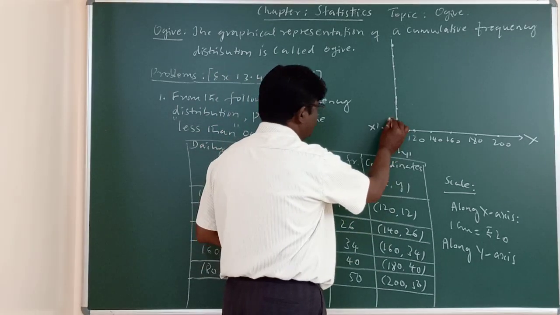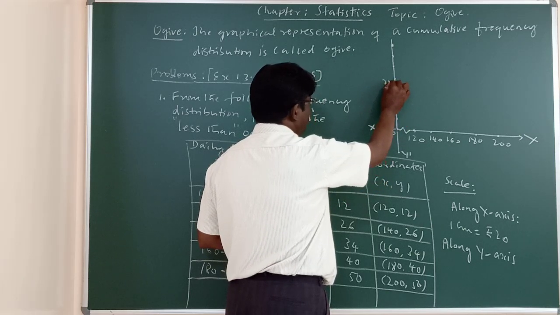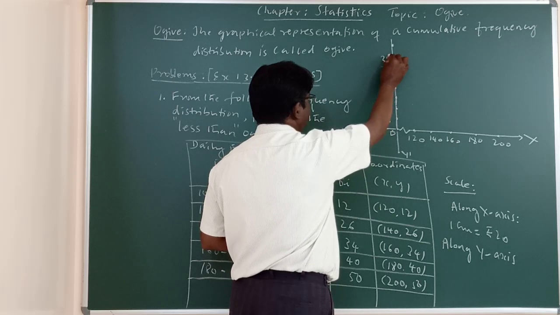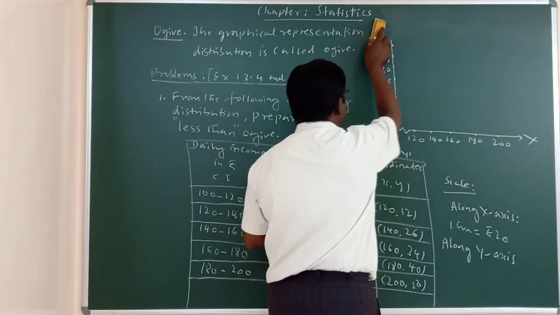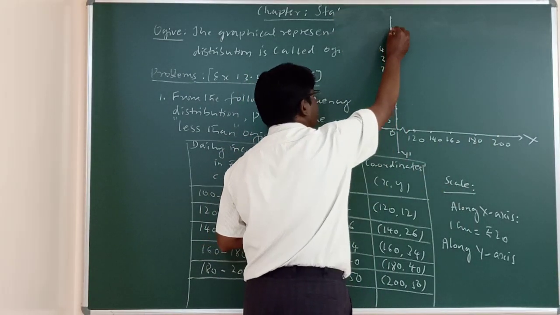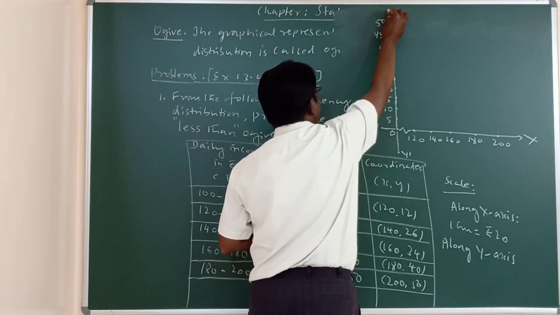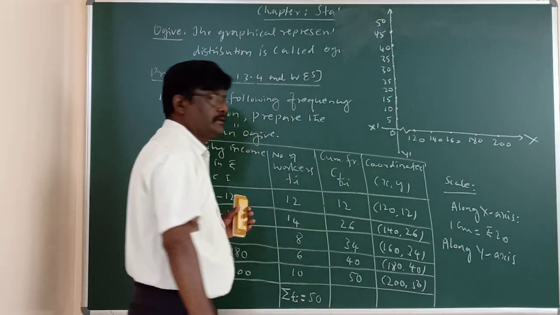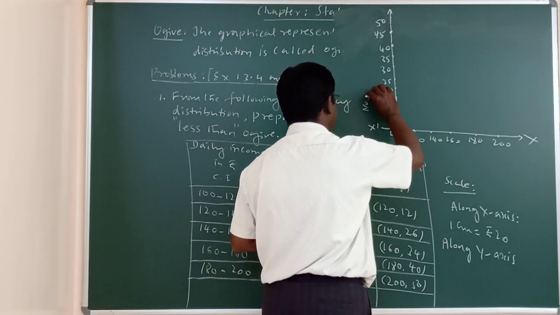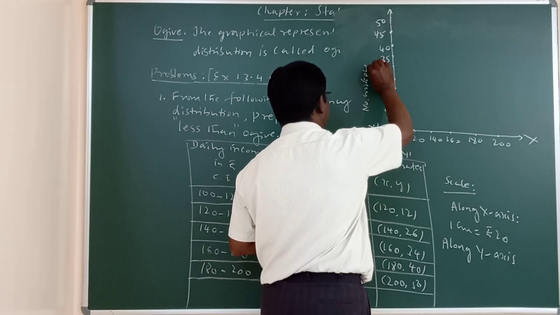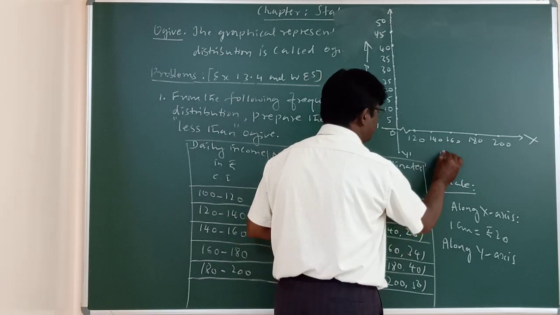For every 1 centimeter, let us take 5, 10, 15, 20, 25, 30, 35, 40, 45, 50. What are these? Nothing but number of workers. Hence, along y-axis, number of workers. Along x-axis, daily income.